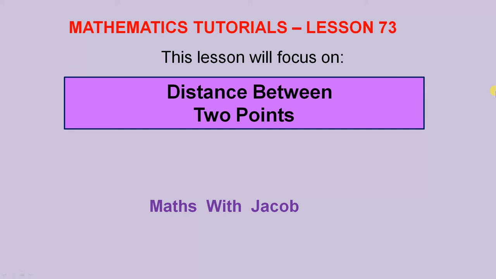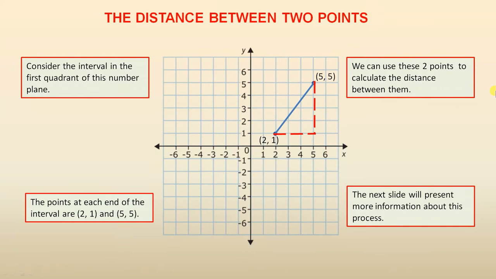This lesson will focus on distance between 2 points. The distance between 2 points. Consider the interval in the first quadrant of this number plane. There's the interval there, the actual blue line.